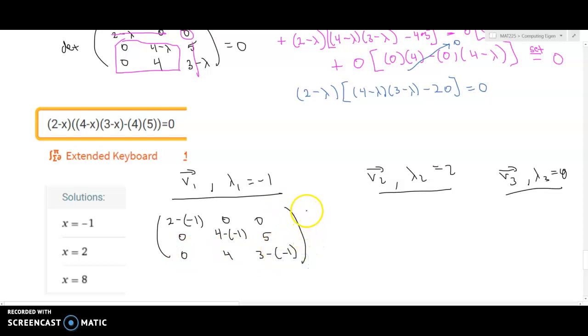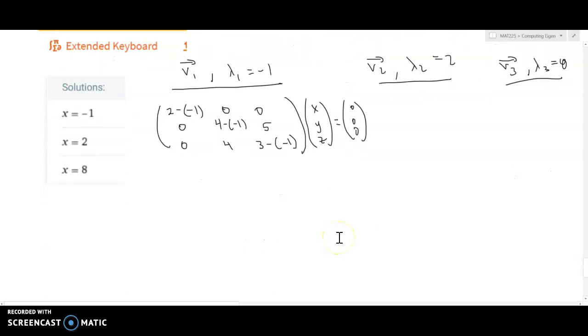And remember, the polynomial that we're trying to solve is (x, y, z), or this is our v1 in this case, equal to the 0 vector. So this matrix, if I start to reduce this and set it up as a Gaussian elimination problem, I'll have 3, 0, 0, 0, 5, 5, 0, 4, 3 minus negative 1 is 4.